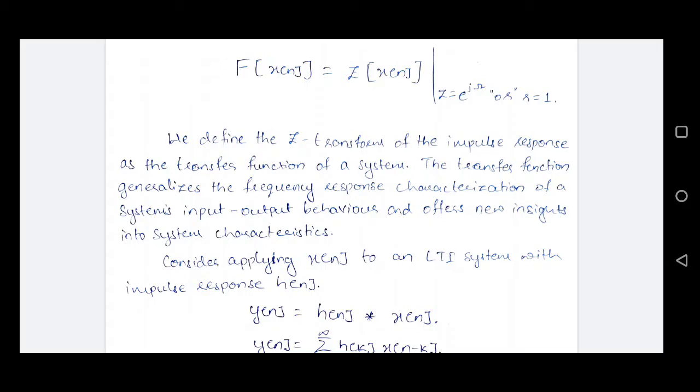So definition of transfer function in terms of input output behavior of LTI system is: transfer function is defined as the ratio of the Z transform of the output to the Z transform of the input, and this offers new insights into system characterization in the frequency domain.